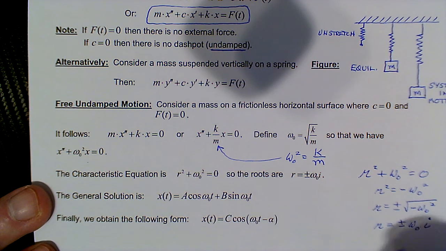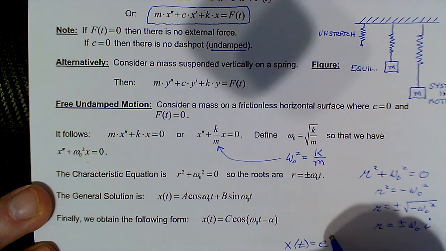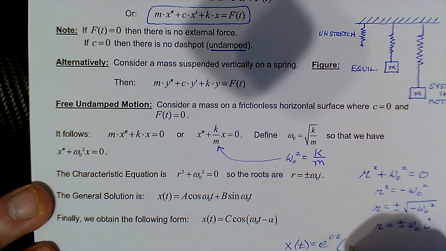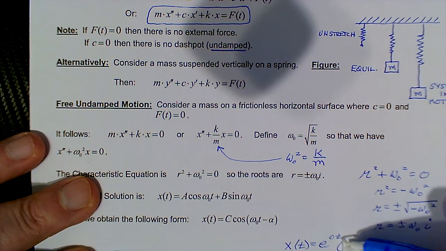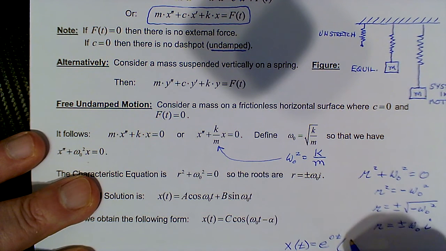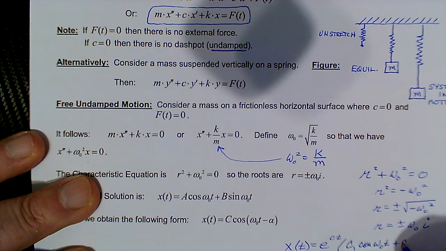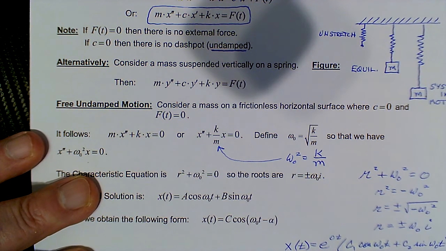And then a general solution for that would be x of t equaling e to the 0t times cosine omega sub 0 t. Let me say it this way: c1 cosine omega sub 0 t plus c2 sine of omega sub 0 t.